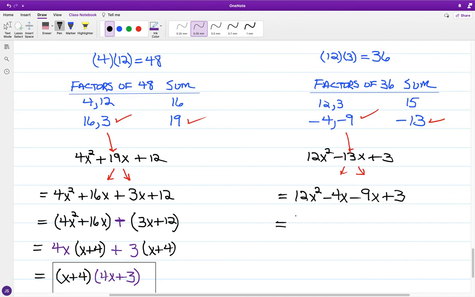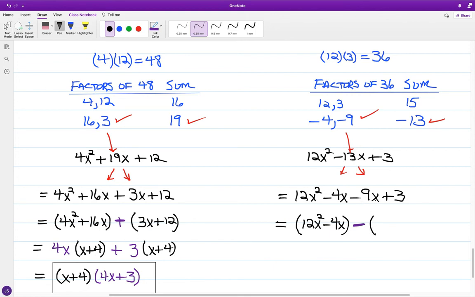And once we group in parentheses, you have 12x squared minus 4x. Now the middle operation is subtraction, not addition. So once I put in parentheses, I'm not going to have 9x plus 3 but negative 9x plus 3.